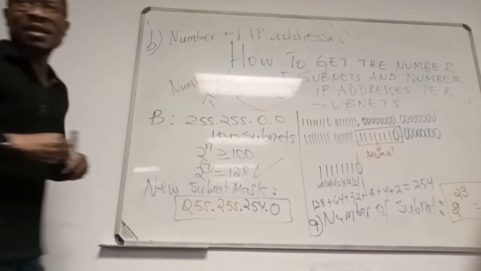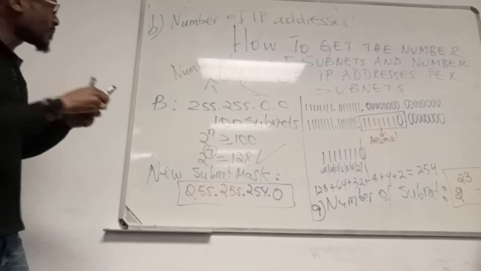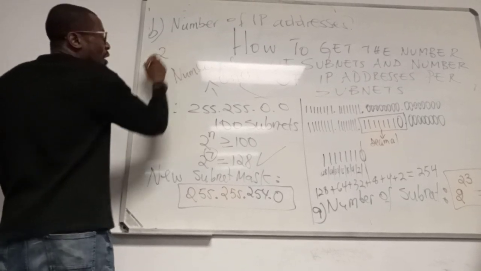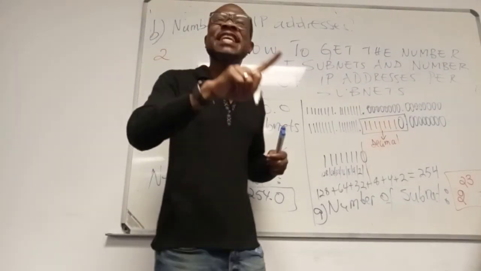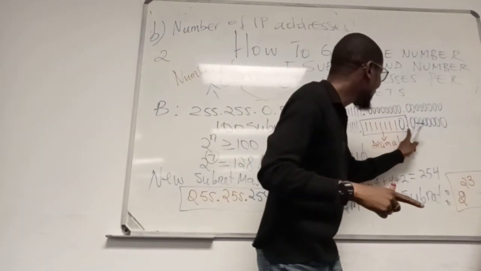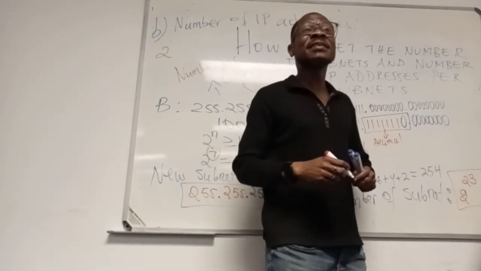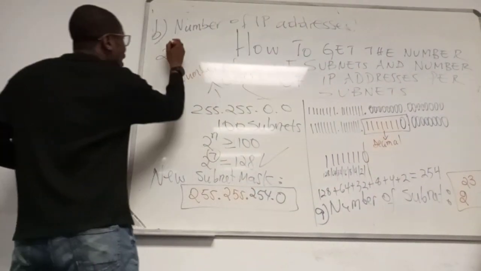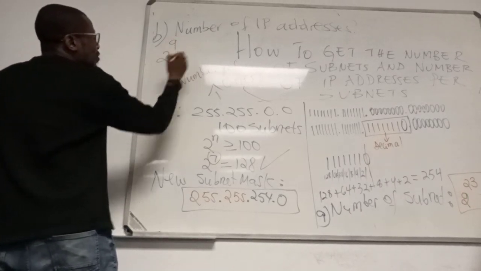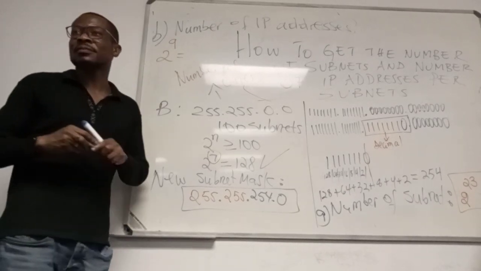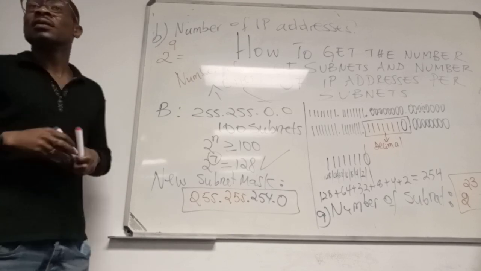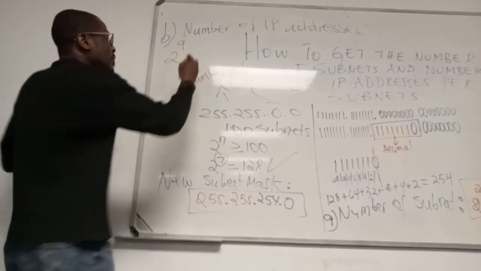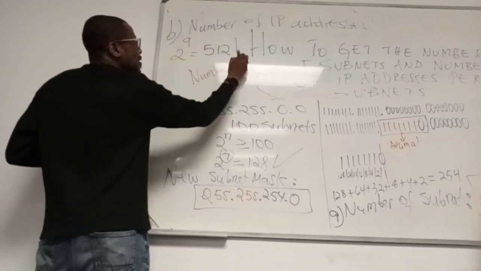addresses. You use the same formula. 2 to the power of what? How many zeros? 9 zeros. 2 to the power of 9, that's going to be 512.